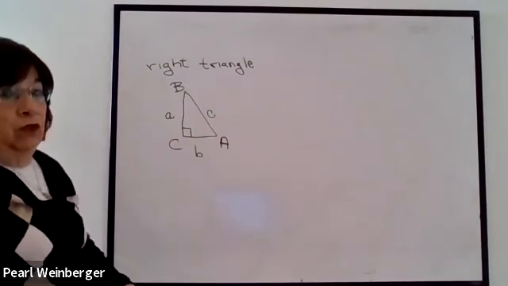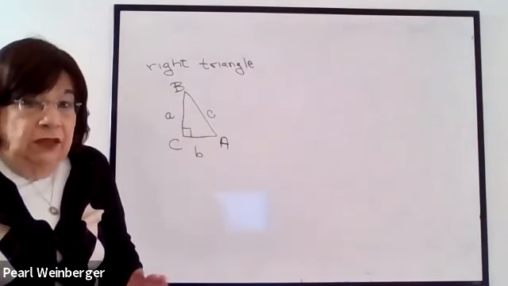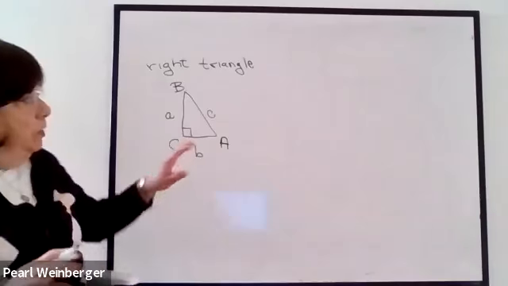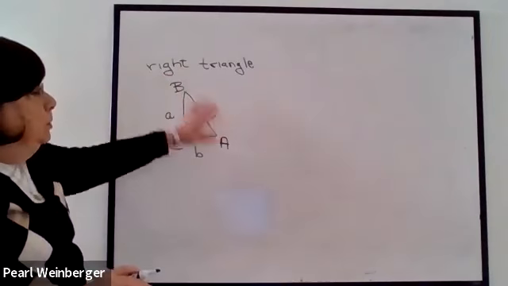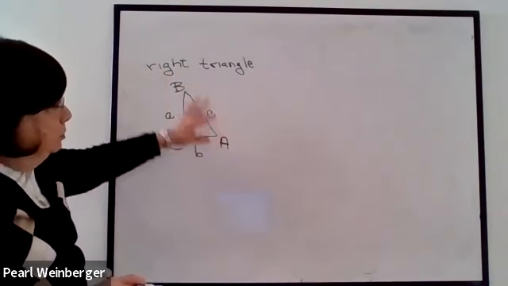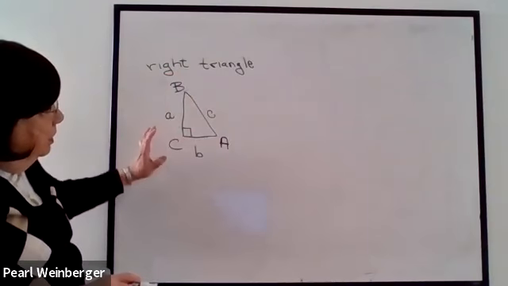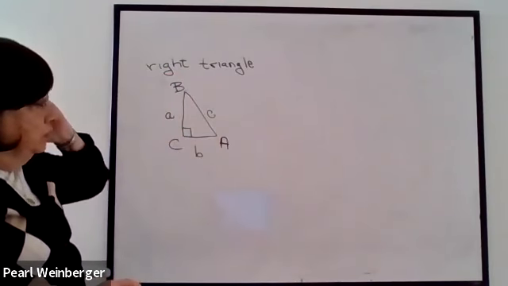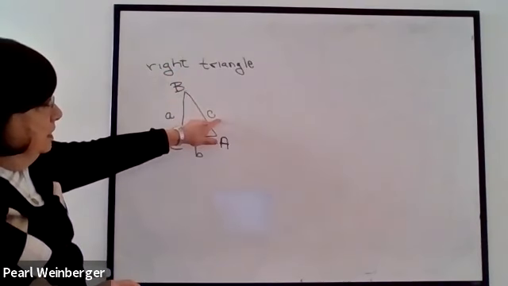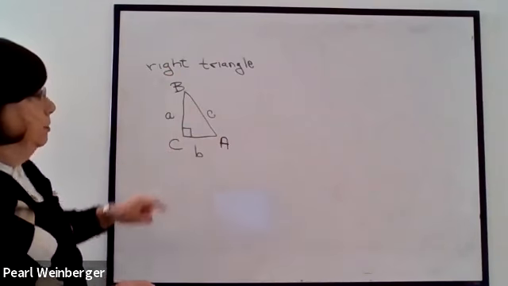Be very careful. Once you've put in the capital letters, the lowercase letters go in a very specific way. It's not all random. The A, B, and C could be random, the capitals, but once you have placed those capital letters, the small letters go, as I said, directly across. Now, in this triangle, side C happens to be across from the right angle.